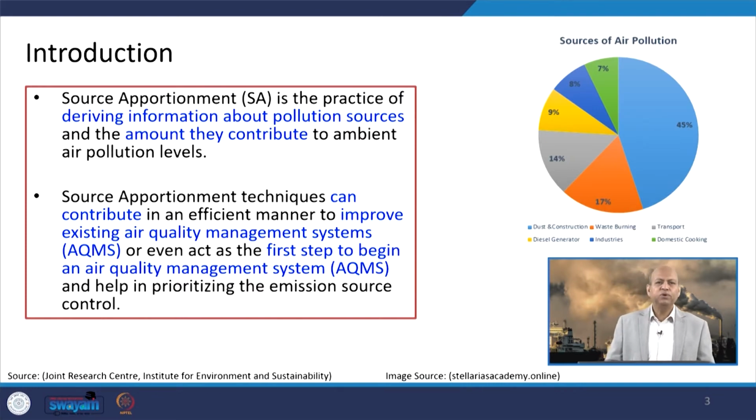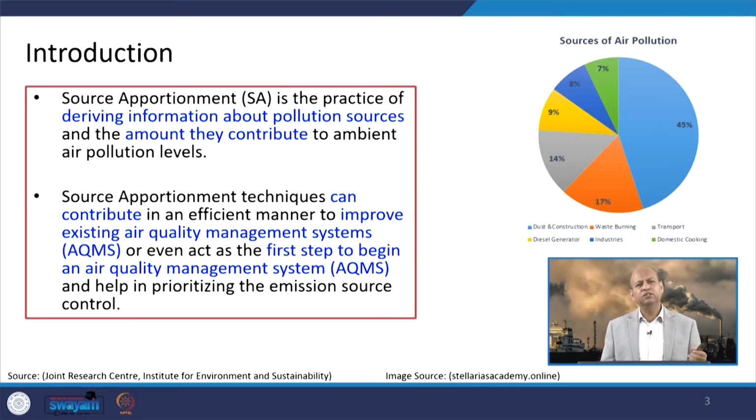When we talk about source apportionment, basically this is the process or practice of deriving information about different pollution sources and the amount they contribute to the ambient air environment, in terms of different pollution levels. These techniques can contribute to efficient air quality management.